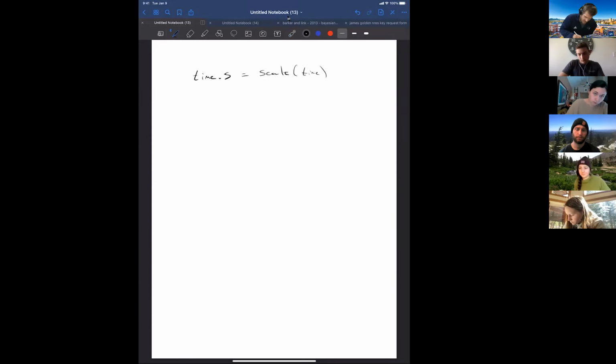In math, it is the time minus the mean of time, divided by the standard deviation of time. So we center it, subtracting off the mean so all the values are centered around 0, and then we shrink the scale by dividing all those values by the standard deviation.